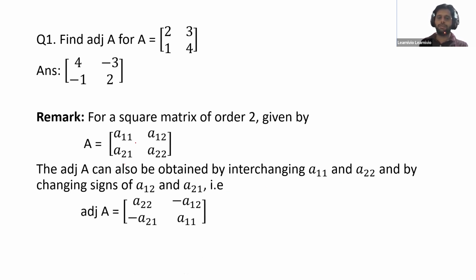For a 2 by 2 matrix, you can directly find the adjoint by interchanging these two and putting a negative sign over here. Directly we can write it like this: shift 4 here, shift this 2 to this side, and put a negative sign: minus 3 and minus 1. So this is a shortcut method for order 2 by 2. But please don't use this in your exam.